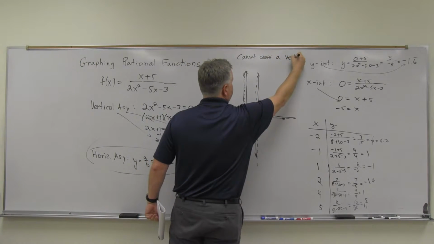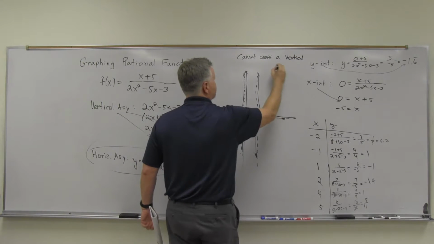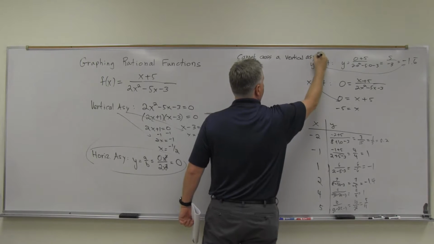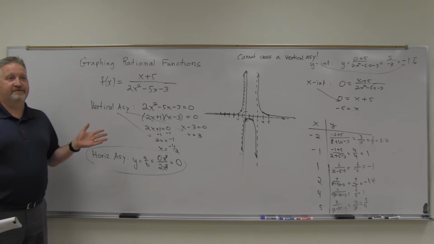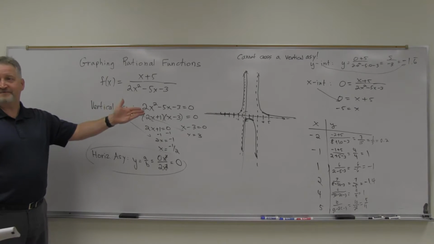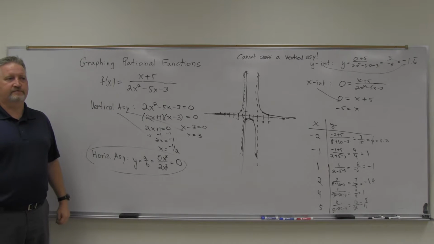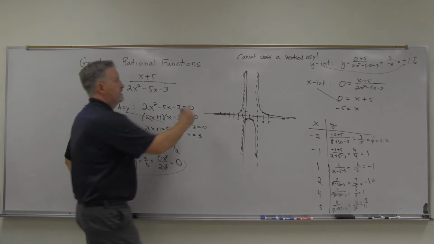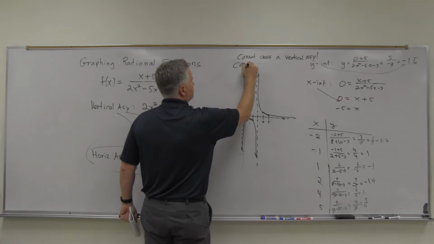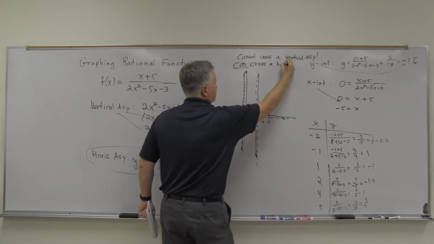Because that's by very design of the equation. Because that denominator 0 you can't have. Can we cross the horizontal asymptote though? Yes. We just did, didn't we? Here's an example. You can cross a horizontal asymptote. It happens sometimes. It doesn't happen a lot, but you can cross a horizontal. It's just a different thing.